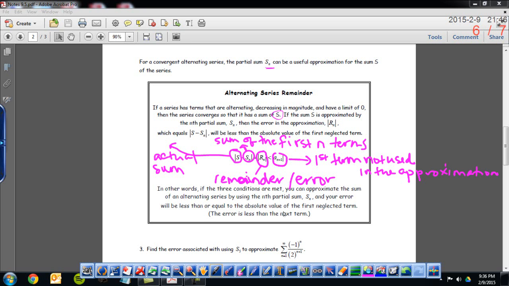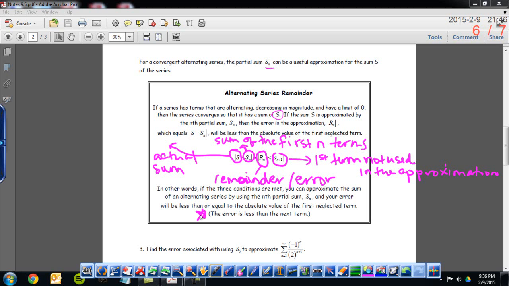So in other words, if your three conditions are met, meaning your terms are alternating, decreasing in magnitude, and have a limit of 0, then you can approximate the sum of an alternating series by using the nth partial sum, S sub n, and your error will be less than or equal to the absolute value of the first neglected term. So basically your error is less than the next term.